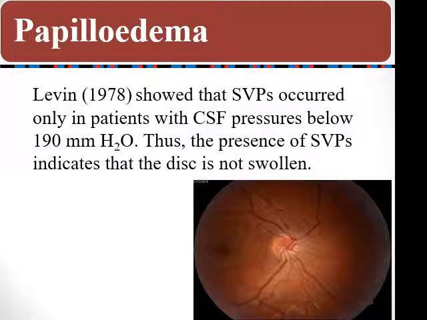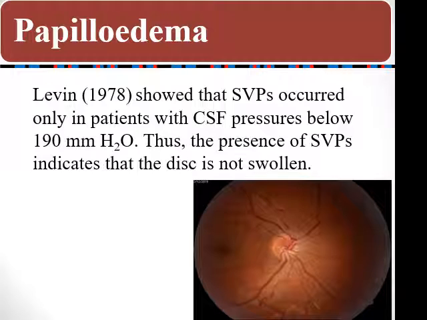Sometimes diagnosis of mild edema is tricky. Spontaneous venous pulsations of the retinal veins are helpful in that issue. It's absent normally in about 20% of the general population, and sometimes it's hard to detect.